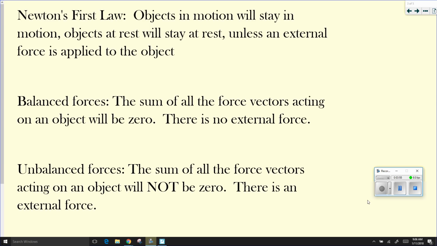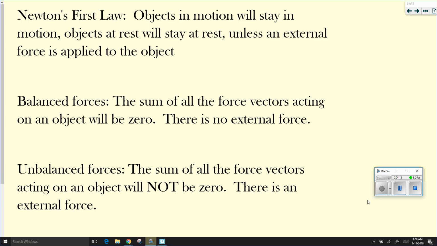They both have the same magnitudes, completely opposite directions, so they add together to have a sum of zero. Those are balanced forces. For unbalanced forces, the sum of the force vectors acting upon the object will not be zero. In that case, the object will accelerate and move. There will be an external force applied to that object.